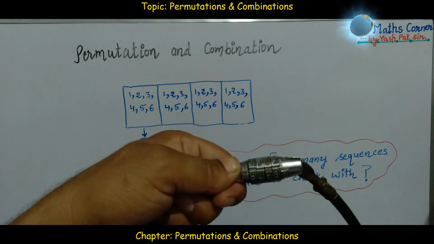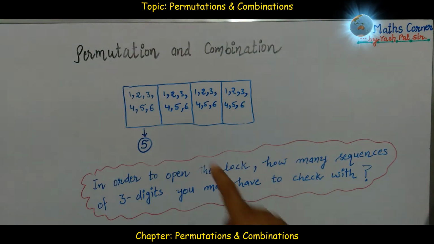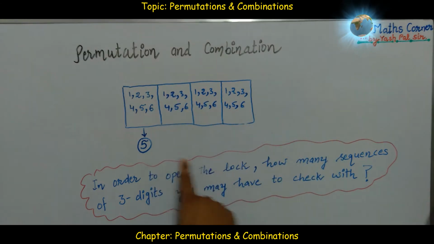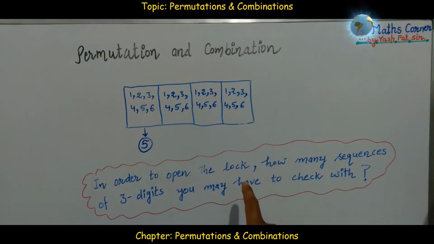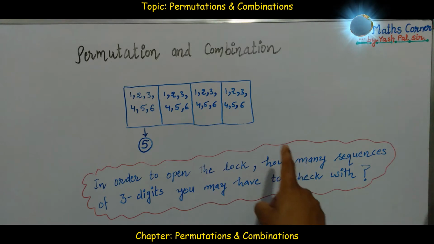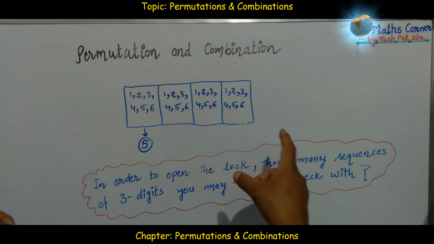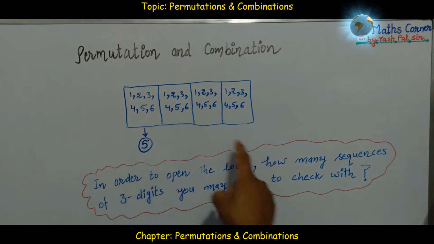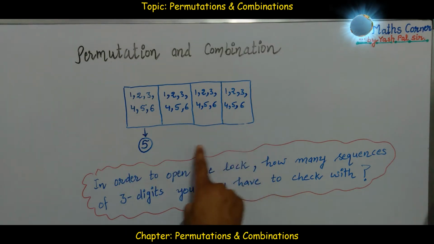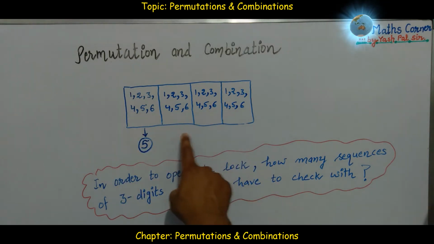In this chapter, we shall examine a principle, the counting principle, which will help us know the total number of ways we can have.